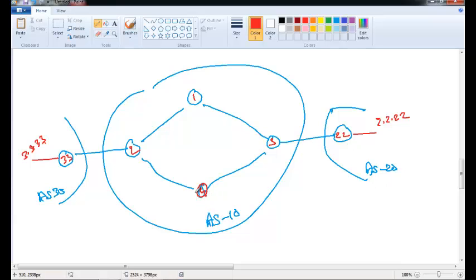Now 22 is advertising 2.2.2.2, so router 3 learns about 2.2.2.2. Now let's say router 2 is BGP enabled and 3 is BGP enabled, and router 2 and router 3 are IBGPs.